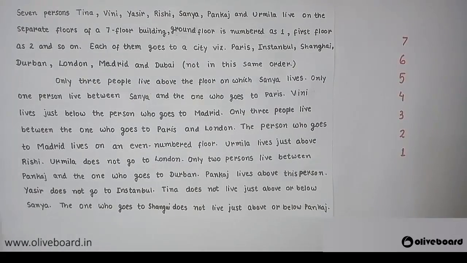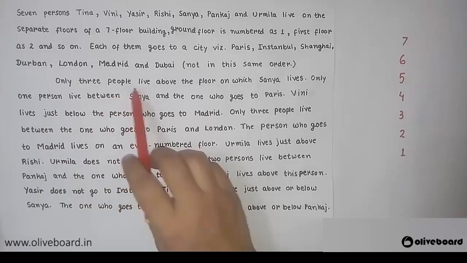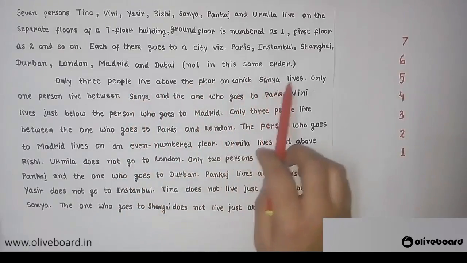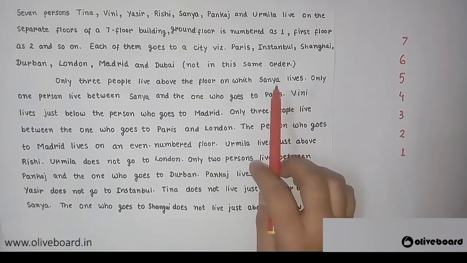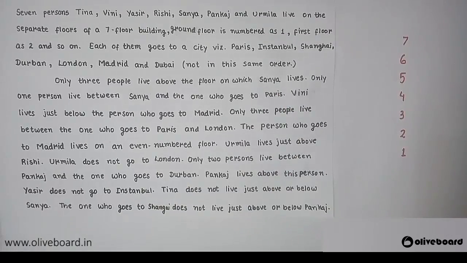Okay, so now I am reading the conditions which have been given to me for solving the question. Only 3 people live above the floor on which Sanya lives. Okay, so here we are told that only 3 people live above the floor on which Sanya lives. What does this suggest? If Sanya lives on the 4th floor, then only 3 people will live above her, on the 5th, 6th and 7th floors. So I am making my Sanya sit here.